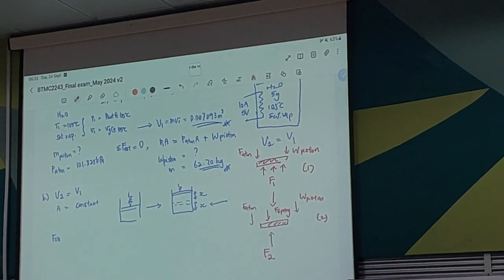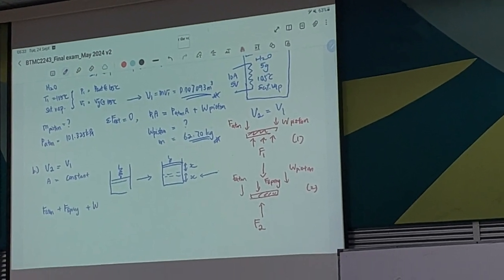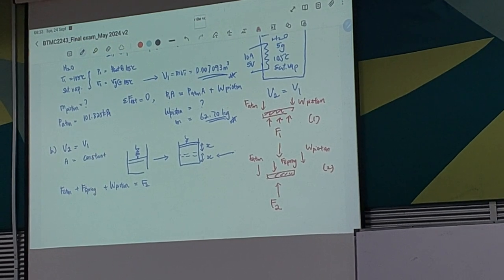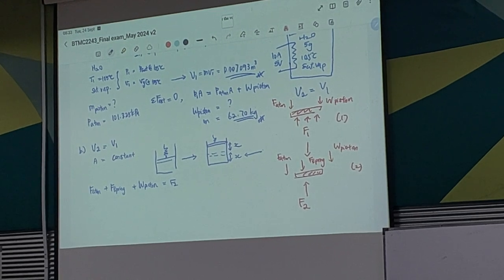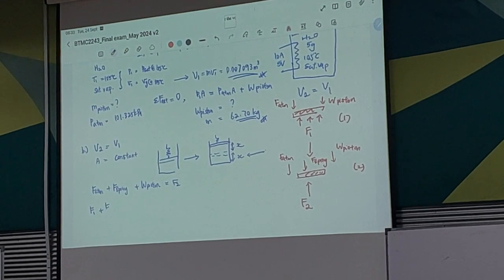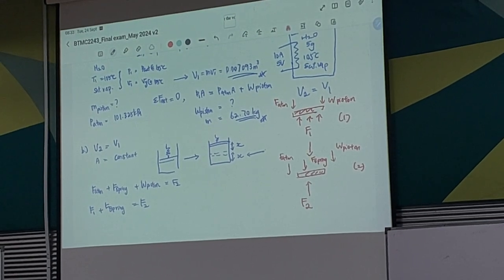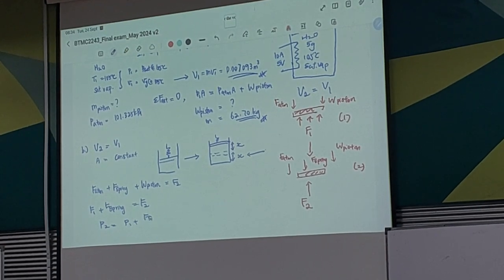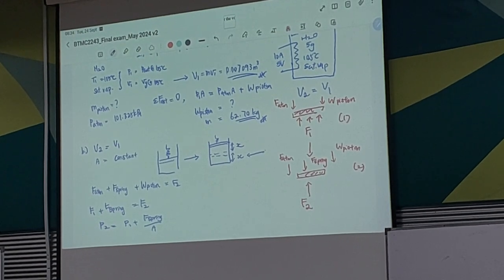F atm plus F spring plus weight of the piston equals F2. And then we know from the previous diagram, which is diagram 1, that this is just F1 plus F spring equals F2, which also means that P2 is just P1 plus F spring over area of the piston.